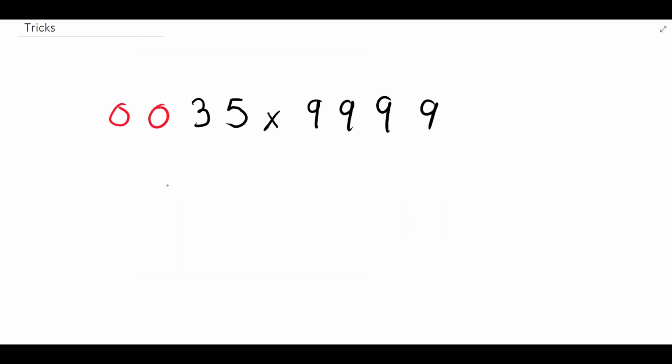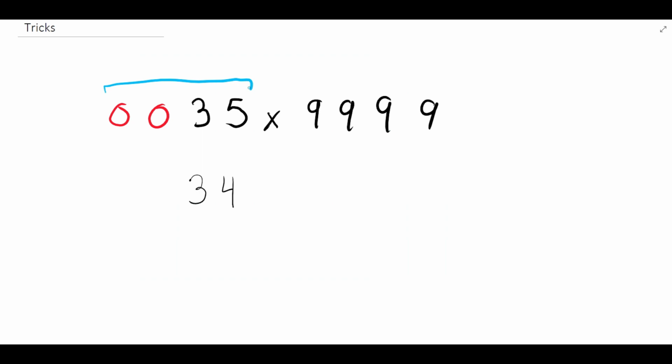So you have 0035. I'll not write that. Left hand side of the answer would be the predecessor, 34. And right hand side of the answer would be the number subtracted from not 100, but 10,000, because we are assuming that this is a 4-digit number.